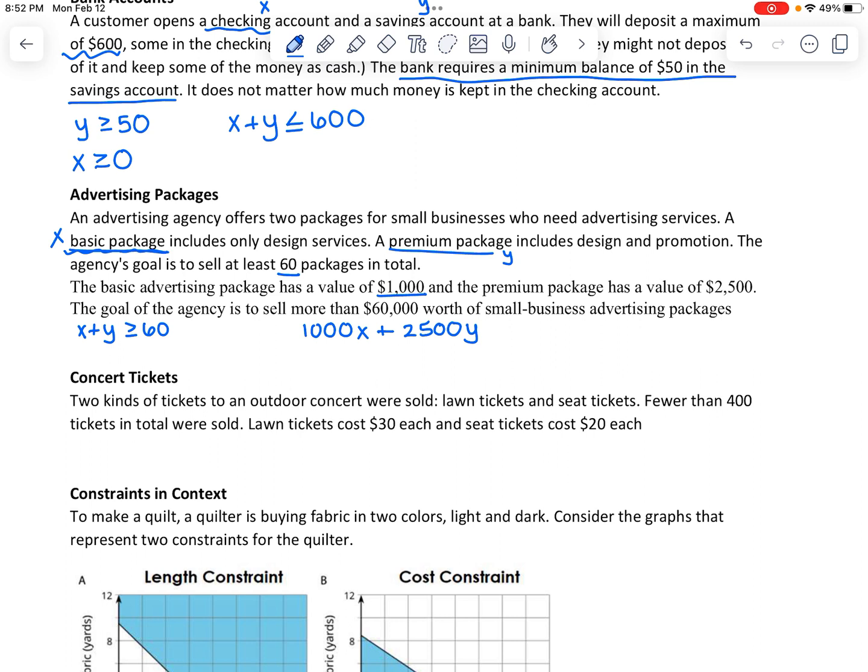Now the goal is to sell more than 60,000, so this should be greater than 60,000. It specifically says to sell more than. It doesn't say at least 60,000. So when it says strictly more than, that's why I'm using the greater than symbol, whereas before I said greater than or equal to 60.